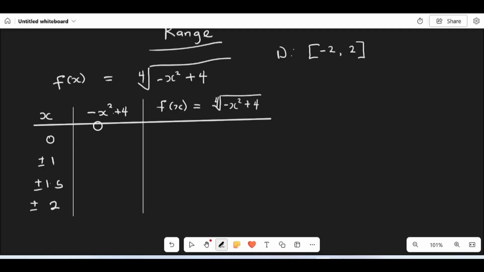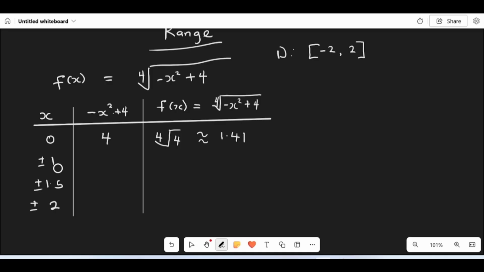If we insert 0 into this expression, minus 0 squared plus 4, we are going to have 4, and the fourth root of 4 is going to give us approximately 1.41.